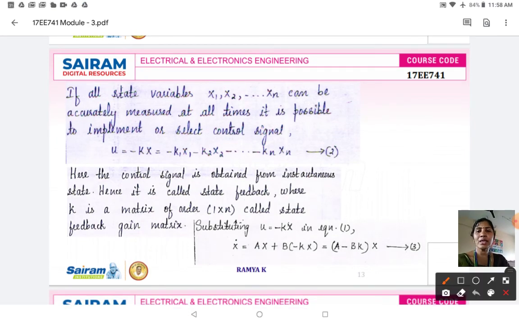If all the state variables are represented as x1, x2, up to xn, then they can be measured and fed back using the control law u is equal to minus Kx.